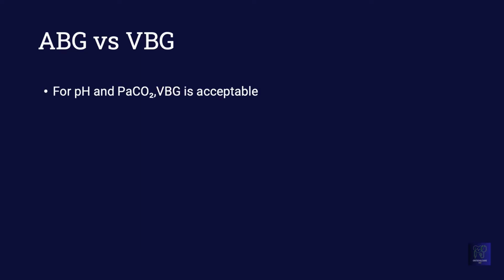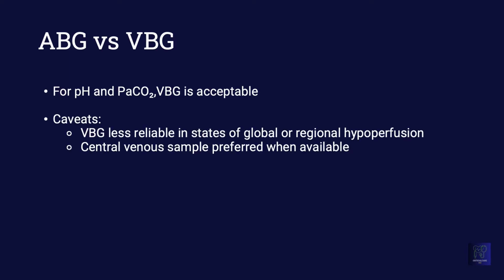For the most part, VBG is as good as ABG, or almost as good as ABG, as long as you're looking at pH and PaCO2. A couple of caveats to keep in mind. VBG is less reliable in states of global hypoperfusion like circulatory shock conditions, particularly cardiogenic shock, or when there is regional hypoperfusion.